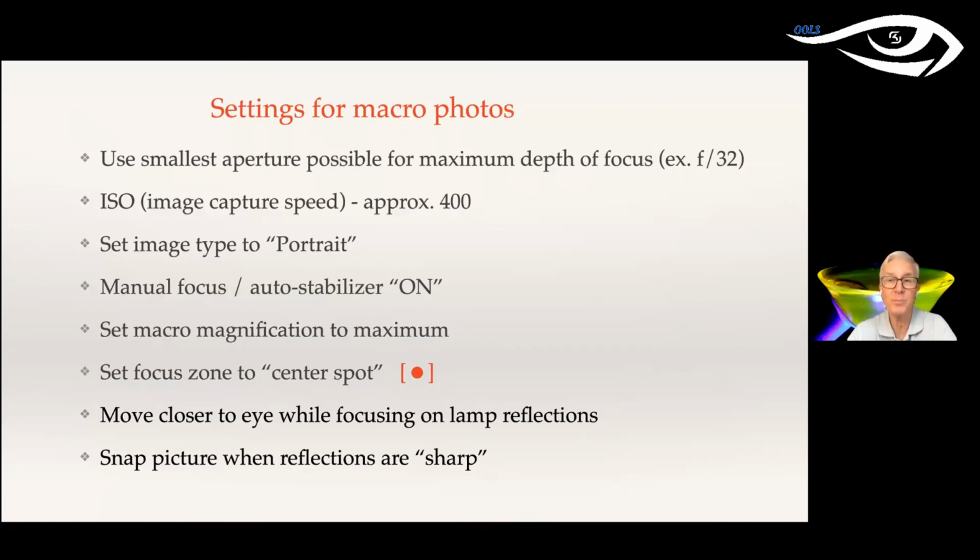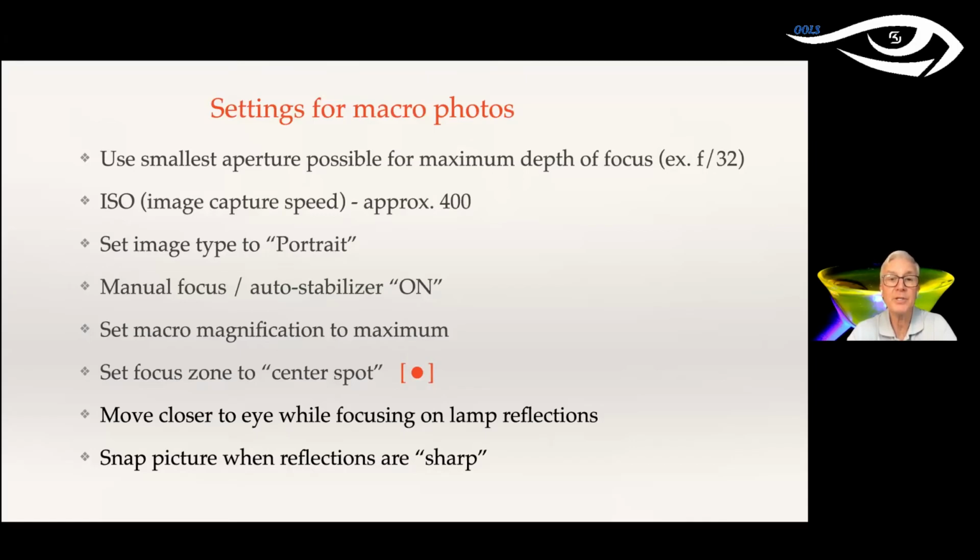Very fast ones go up to 6,400 and so forth. The faster the film speed, the grainier the image would be. So faster is not necessarily better. You have to experiment with your own camera. It's going to be unique to your camera if you get one. But 400 is a good starting point. You may go a little faster, you may go a little slower, and you just have to look at the quality of the image, in particular the graininess of the image.